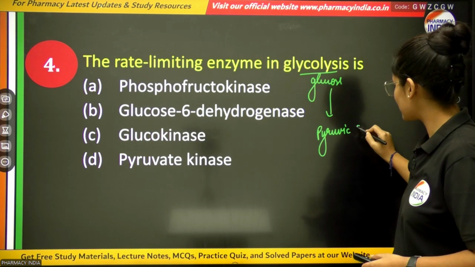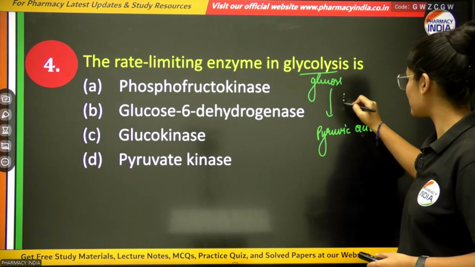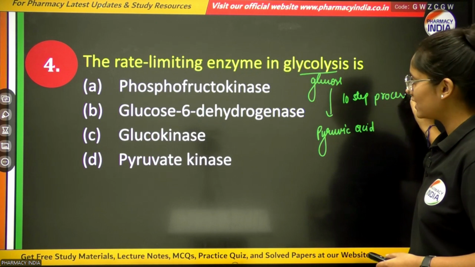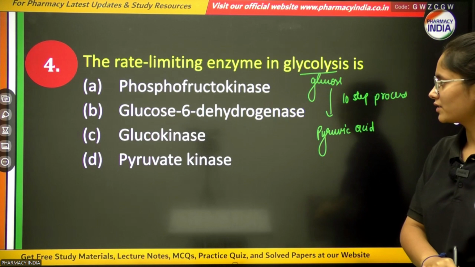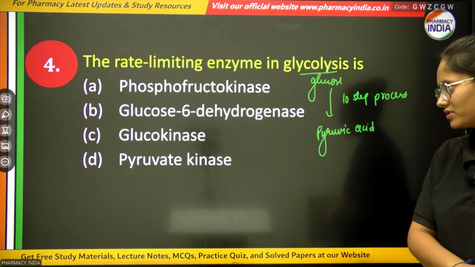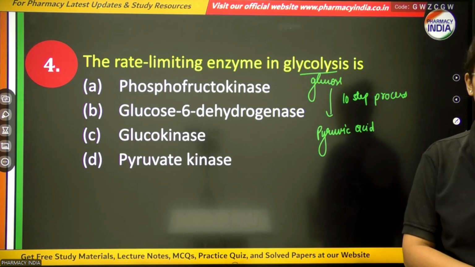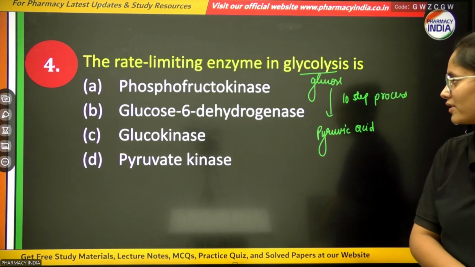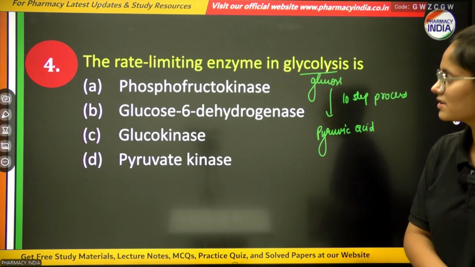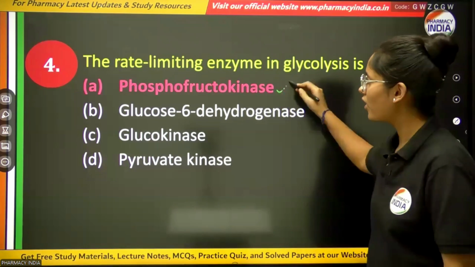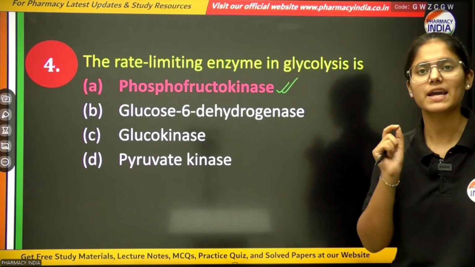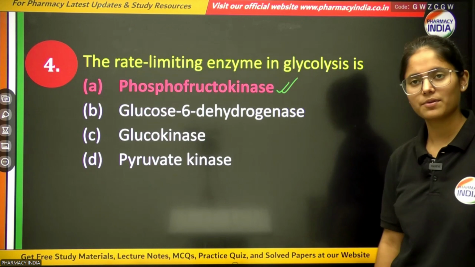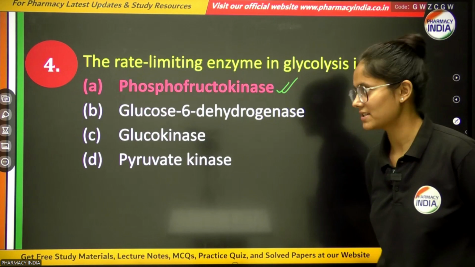It is a 10-step process. Clear? So your options are phosphofructokinase, glucose 6-dehydrogenase, glucokinase or pyruvate kinase. Basically, these all are the enzymes of glycolysis. But from the given options, phosphofructokinase is known as the rate limiting enzyme. Clear? So the correct option will be A, phosphofructokinase.